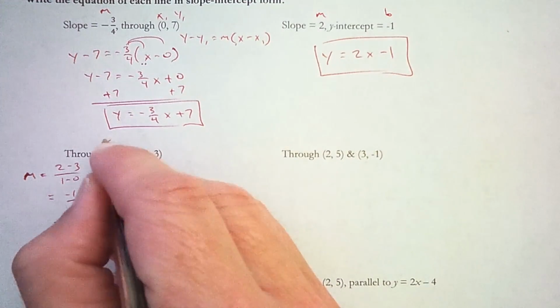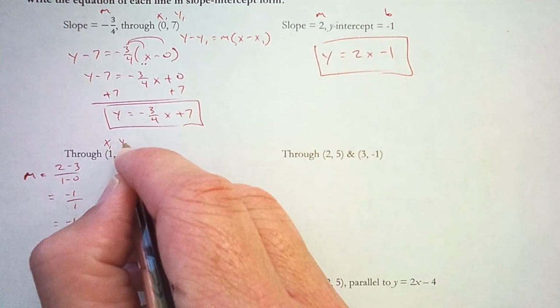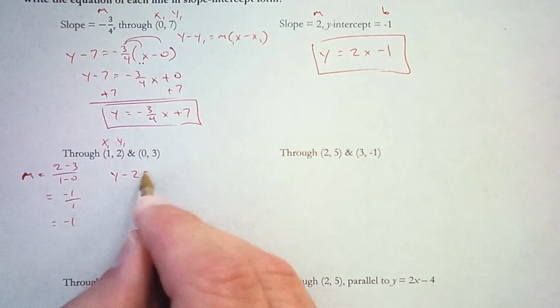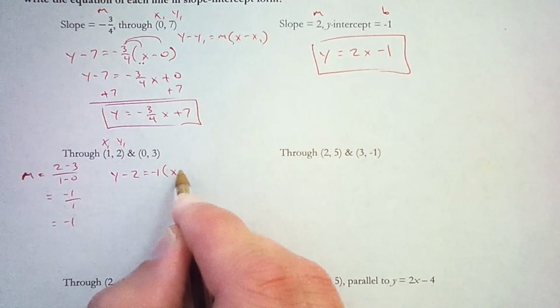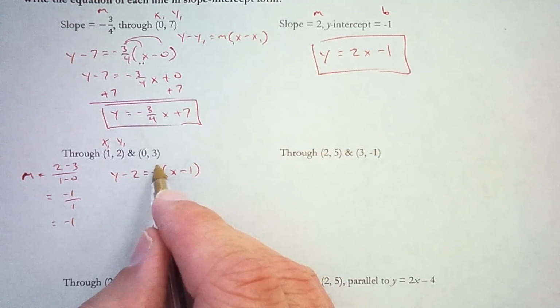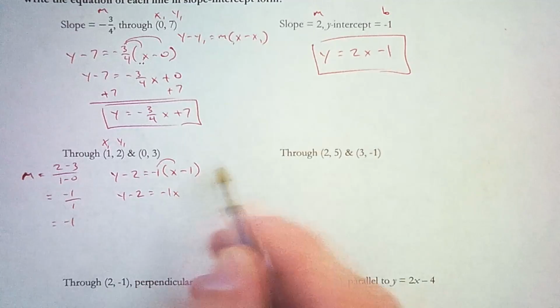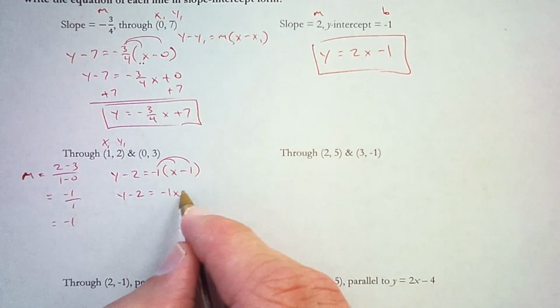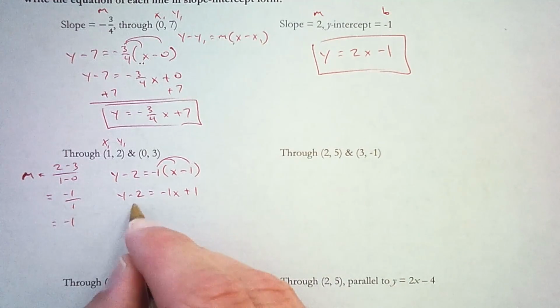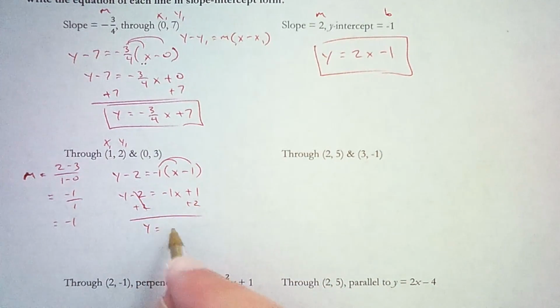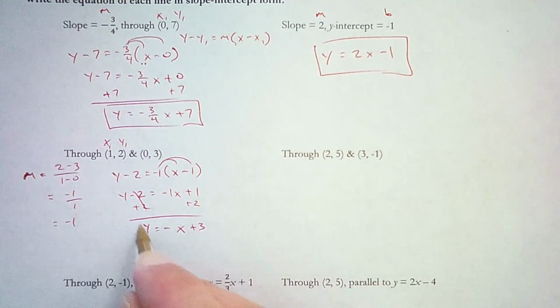And I'll choose 1, 2 to be my x1, y1. So I've got y minus y1 equals m times x minus x1. And I will distribute negative 1x, or just negative x, plus 1. Negative 1 times negative 1 is positive 1. So plus 2 on both sides. Y equals negative 1x, or just negative x, plus 3.